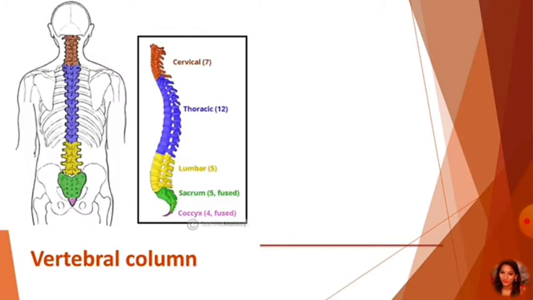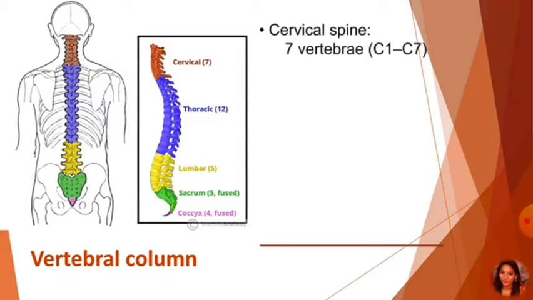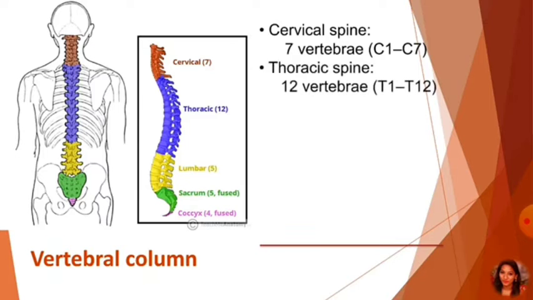Moving towards the back portion, that is the vertebral column. Here, as you can see, the starting is the cervical spine. At the neck area from back side there are 7 vertebrae known as C1 to C7. Then after this, the thoracic spine is 12 in number, that is T1 to T12.